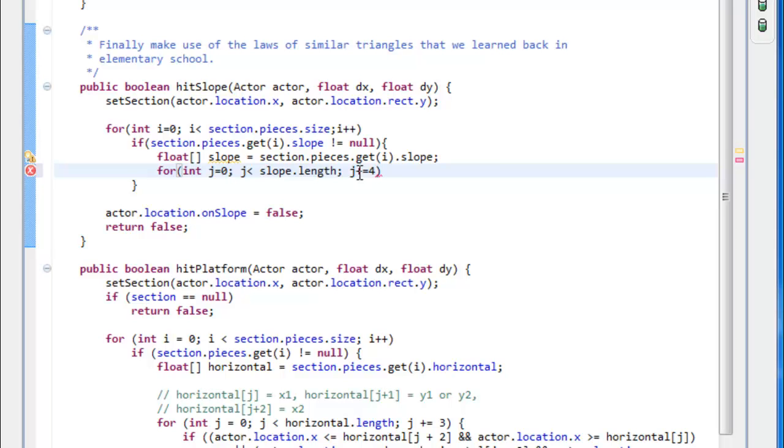So we're checking all the slopes in this piece, if there are any. That's why we check if it's null or not. Okay.